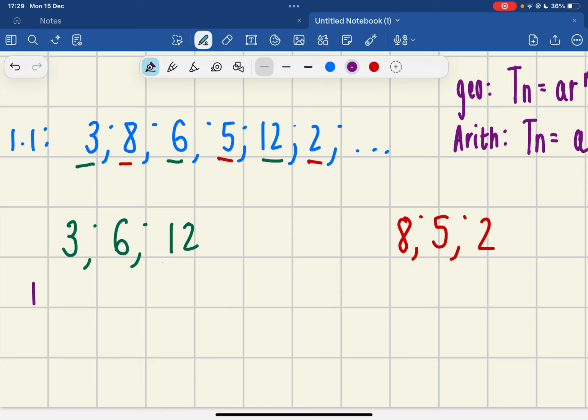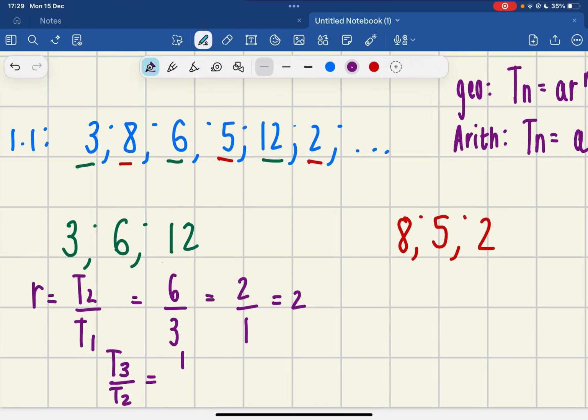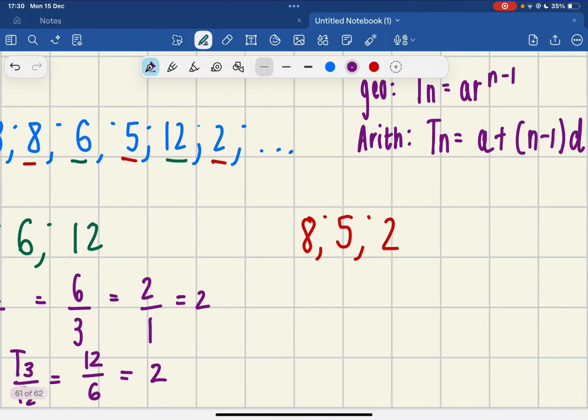So R is equal to T2 over T1, therefore 6 over 3, which simplifies to 2. To double check, we would say T3 over T2, 12 over 6, and we know that 12 divided by 6 is also 2.